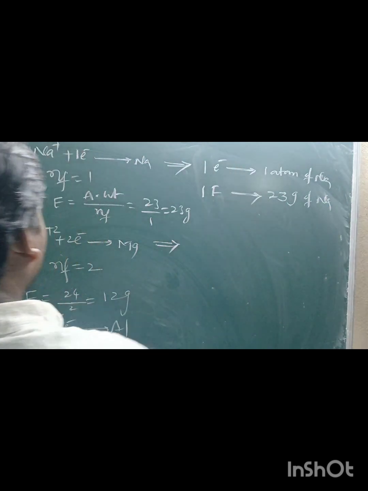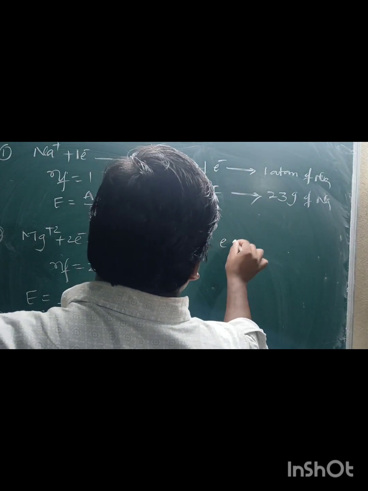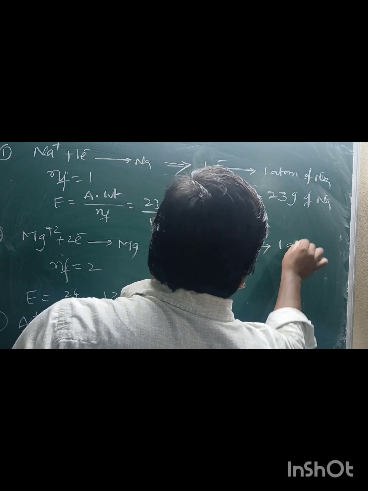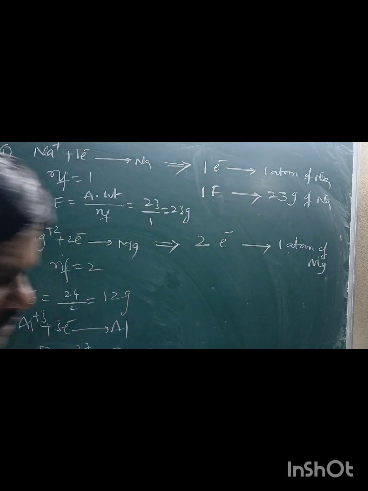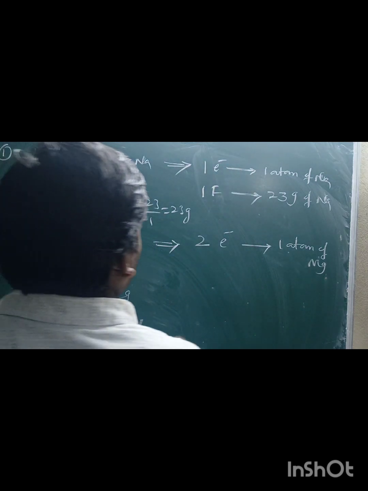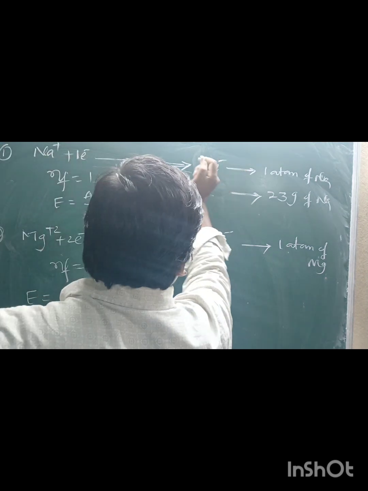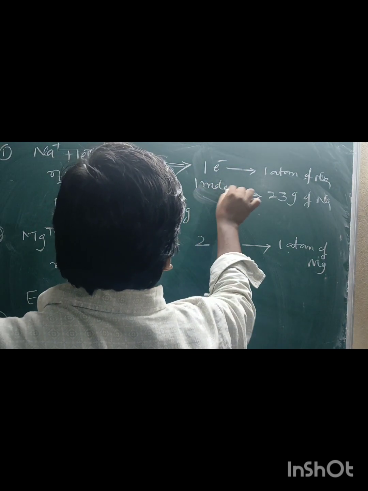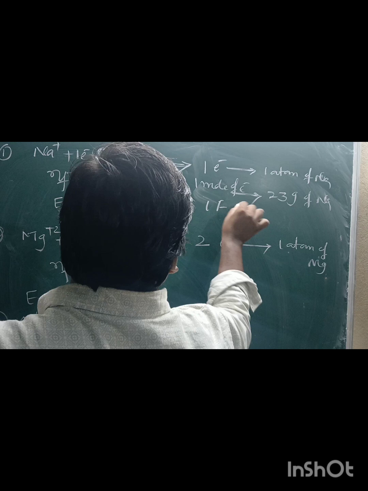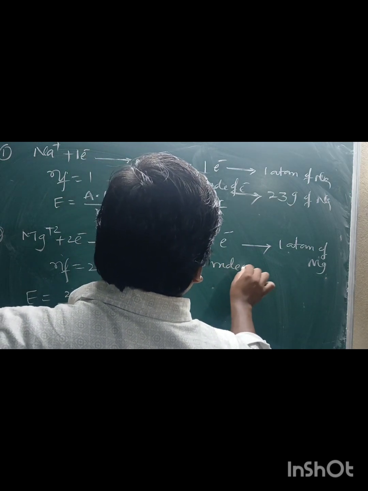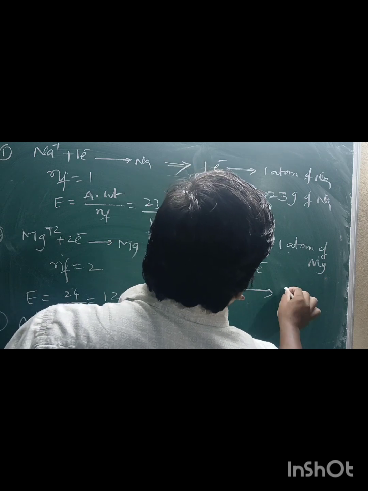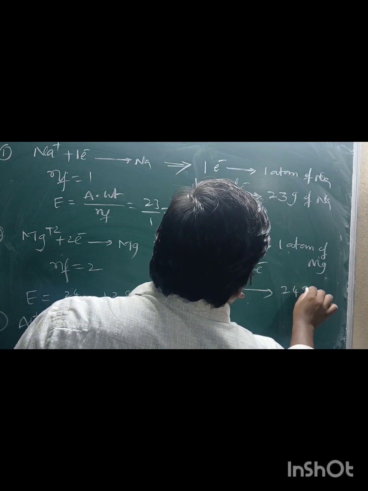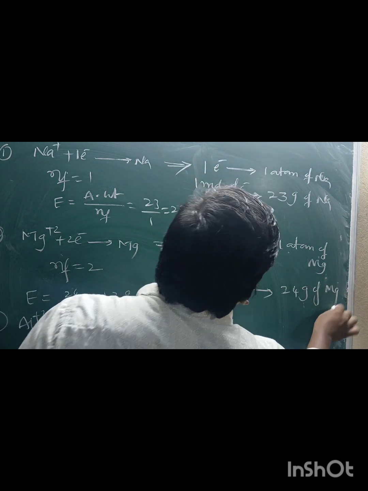If you take this one, 2 electrons' charge is equal to 1 atom of magnesium. That means 1 mole of electrons is 1 Faraday, and 2 moles of electrons is 2 Faradays, equal to 24 grams of magnesium.